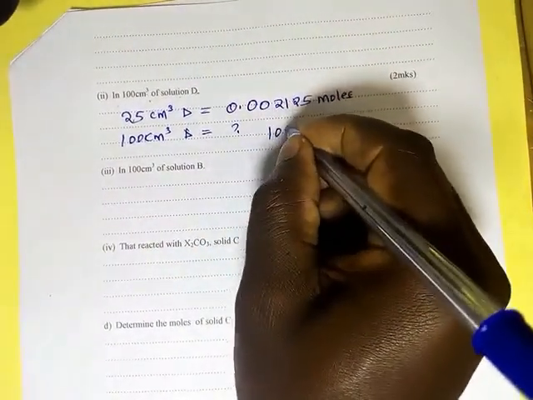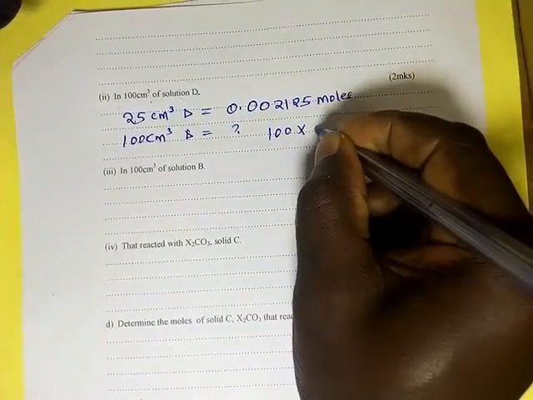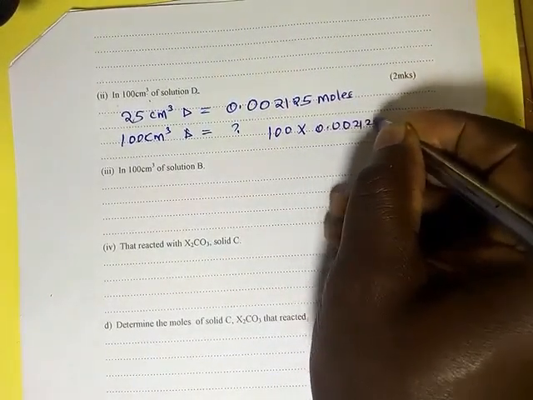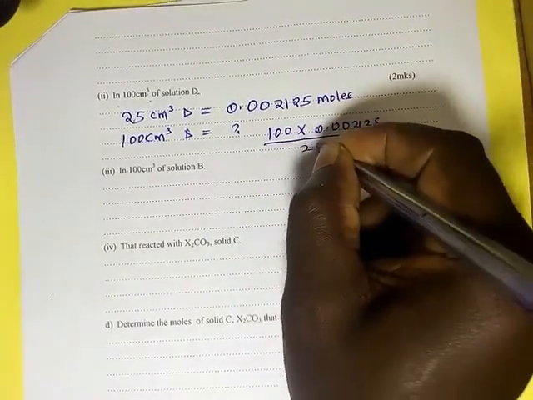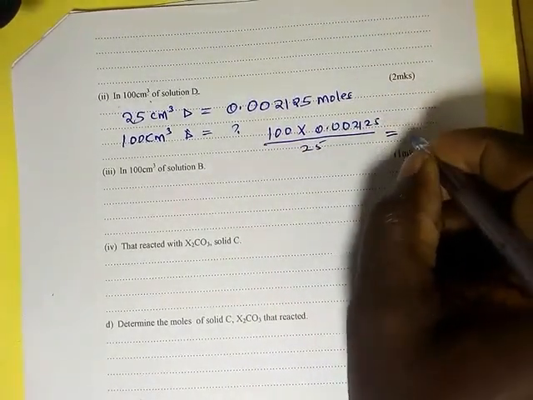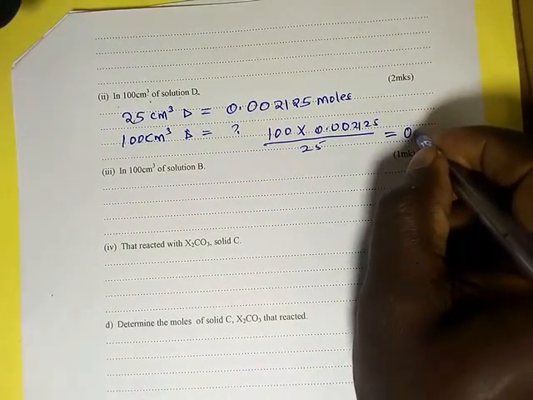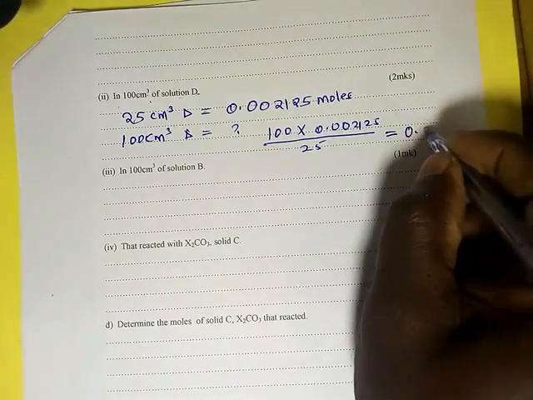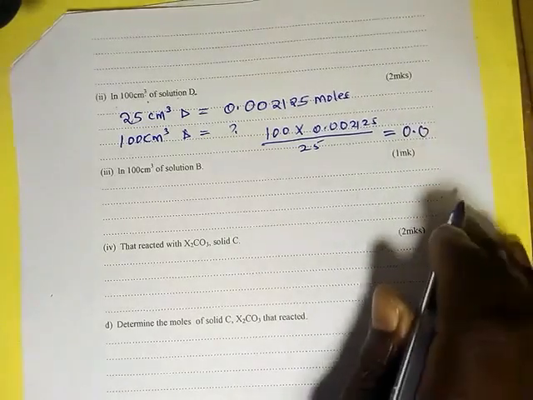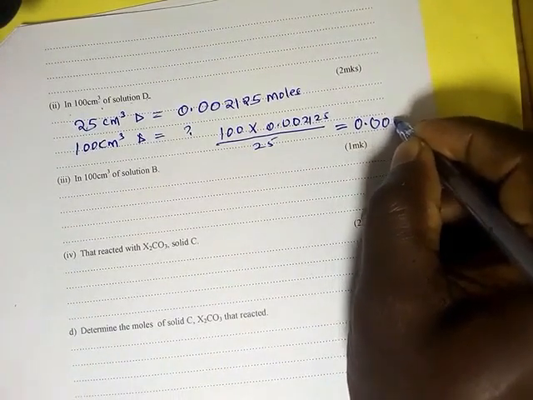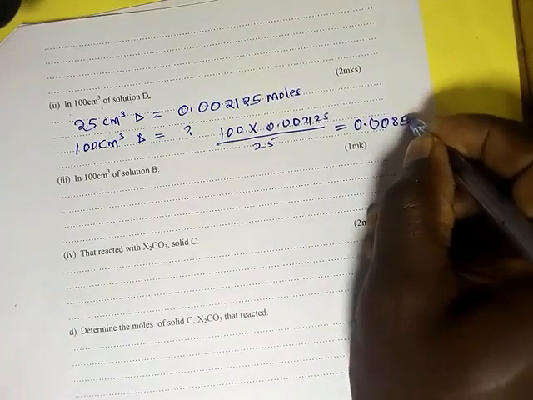So it is 100 times 0.0022125 divided by 25. This is going to give us 0.0085 moles.